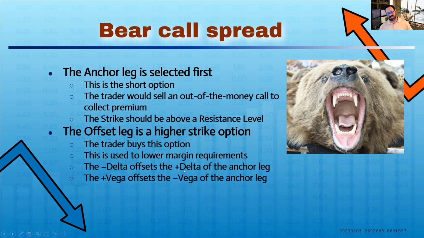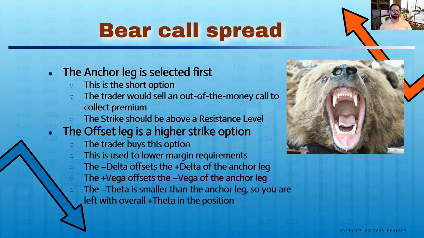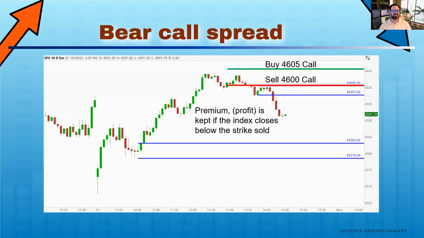So the negative delta offsets the delta, the positive vega offsets the vega, and we're going to try to profit. If you sell a bear call spread, traders try to profit from the decay of time. Basically, you collect the premium, the option expires worthless, and the trader gets to keep the premium. That's it. Pretty simple.